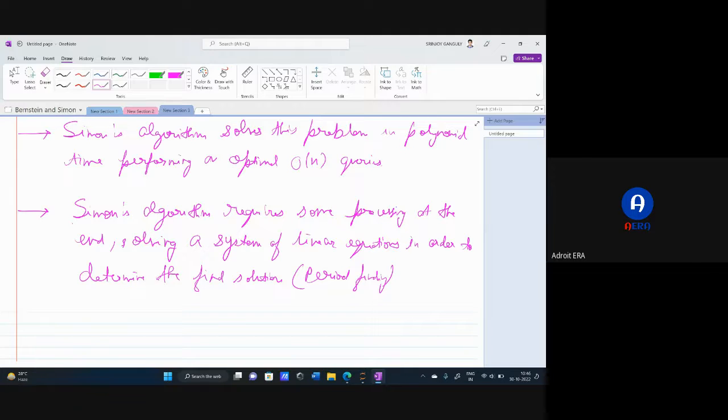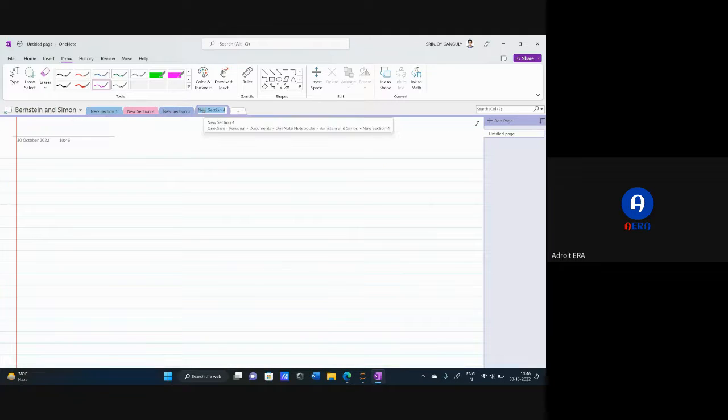You will find that formula. We are using it in step 2: ket x comma y goes to ket x comma y XOR f(x). So similarly here we have the Simon's oracle formula.